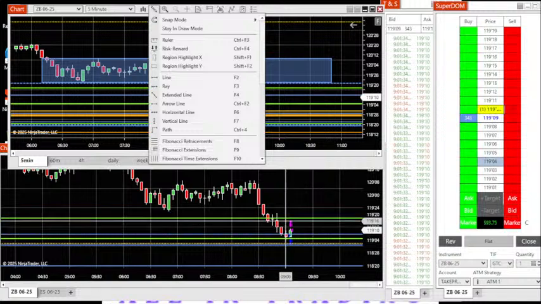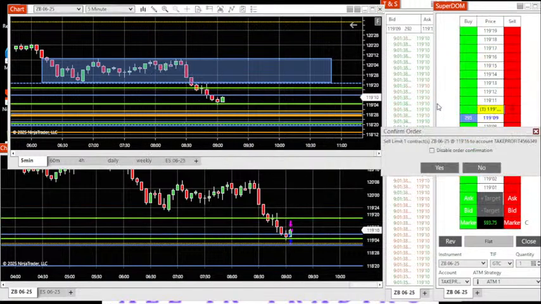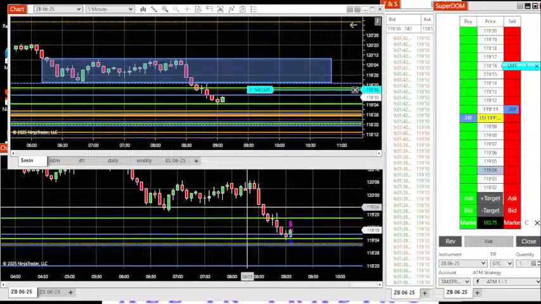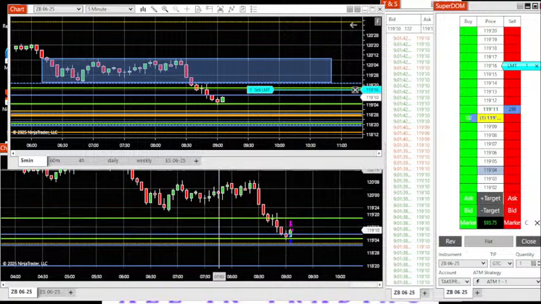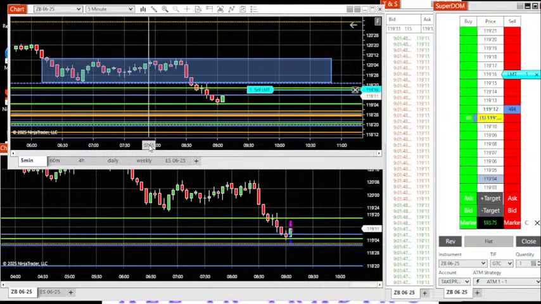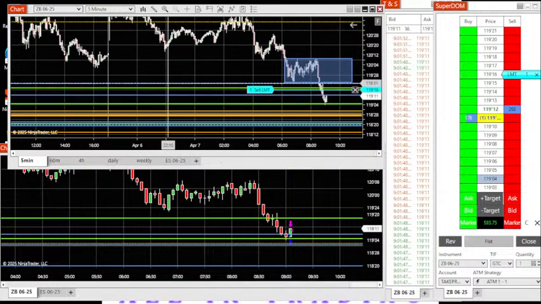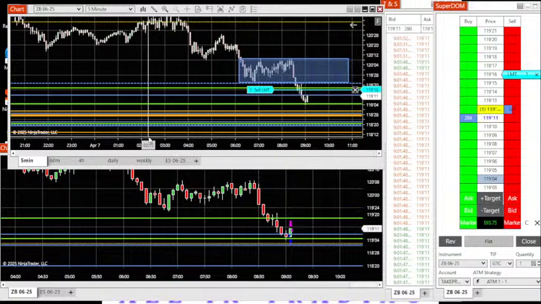So I'm gonna go ahead and put my entry for a sell to the downside. Order submitted at 16, and that's if price comes back up that high. But this level here, 119.12, was the low of our overnights. No, it wasn't, that was an hour resistance.